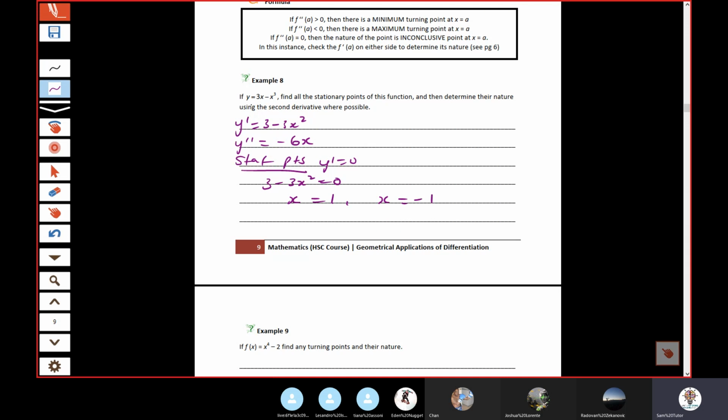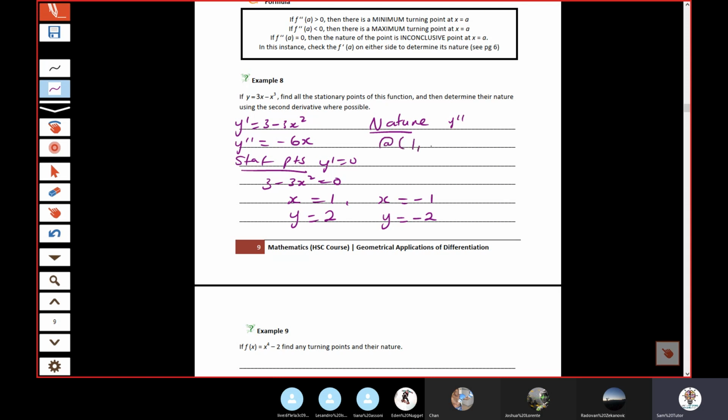So back into the original. Y equals 3, take away 1 is 2, minus 3 plus 1, minus 2. Nature. Y double dash.